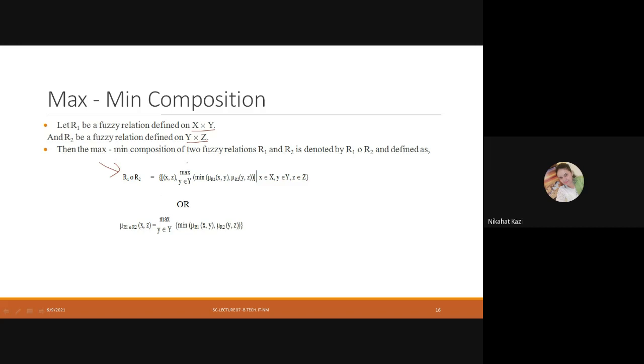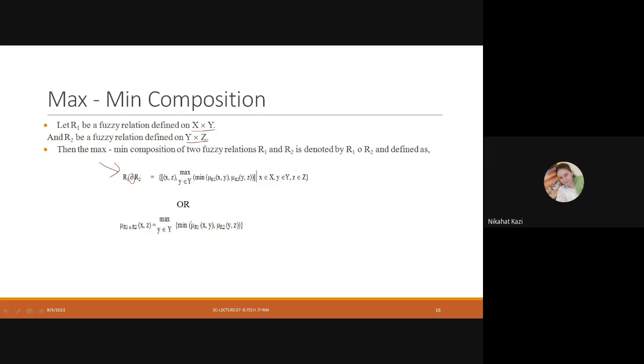That will be the value for xz, like your matrix multiplication. What is the result of matrix multiplication? It's a matrix whose dimension is x cross z. Similarly, here the result is a relation whose dimension is x cross z. The notation is R1 small o R2, that is composition. This o means composition.